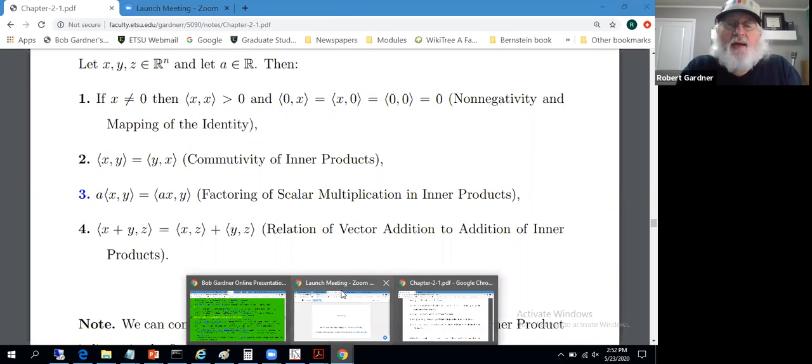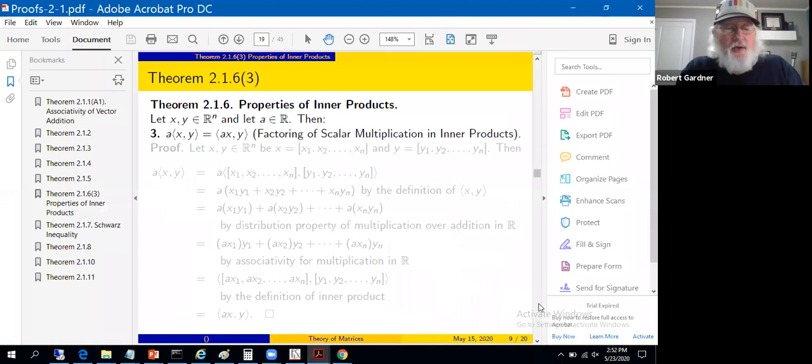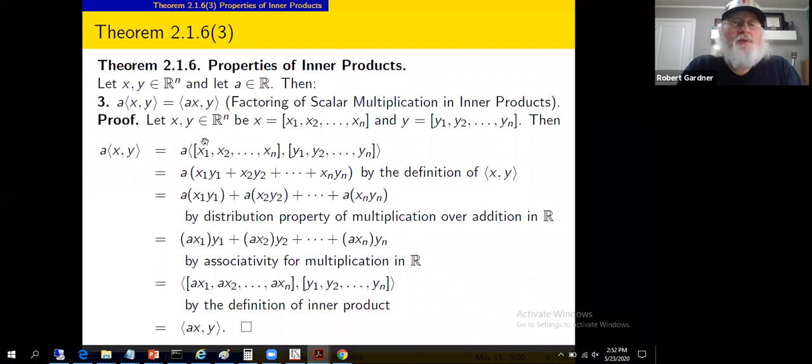This proof, in fact, is probably from sophomore linear algebra. The usual thing: we'll take the question here in terms of vectors and turn it into a question in terms of real numbers. So take these vectors x and y, and write them in terms of their components. Then let's take a times the inner product.